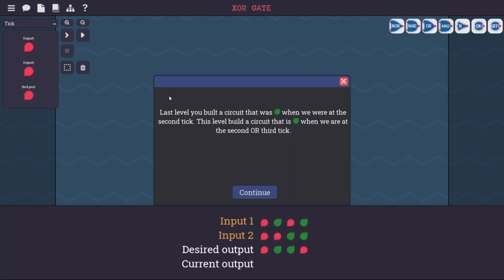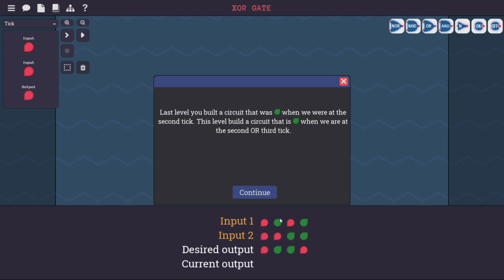Last level, you build a circuit that was on when we were at the second tick. Okay, this level, build a circuit that is on when we are at the second tick, or the third tick. Okay, so that's the condition.